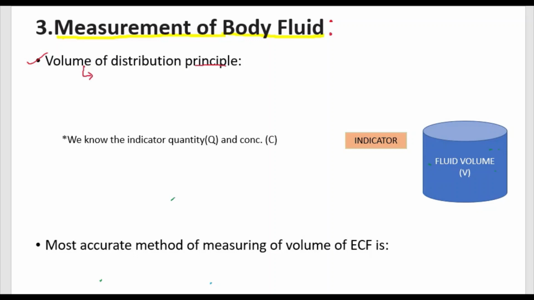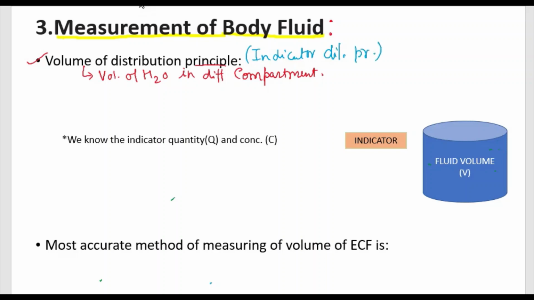With the help of this principle we can measure the volume of water in different compartments. Another name for this principle is the indicator dilution principle.